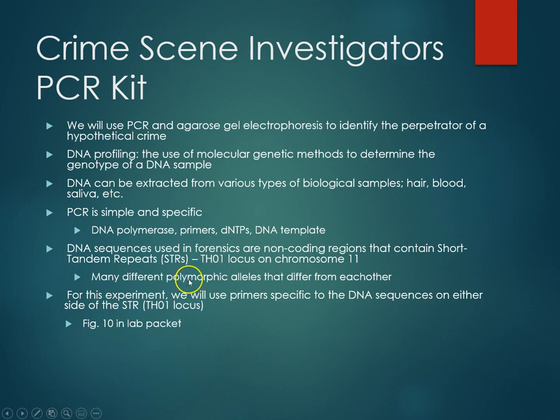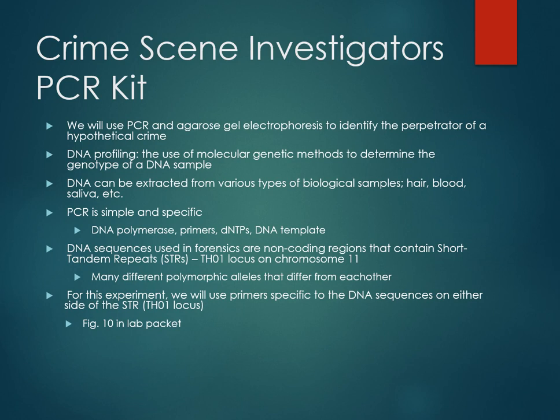And it's because there are many differences from person to person in this region. So by looking at those repeats in that region, between person 1 and person 2, they will be different. There are many, many regions of the DNA that are pretty much the same between individuals.